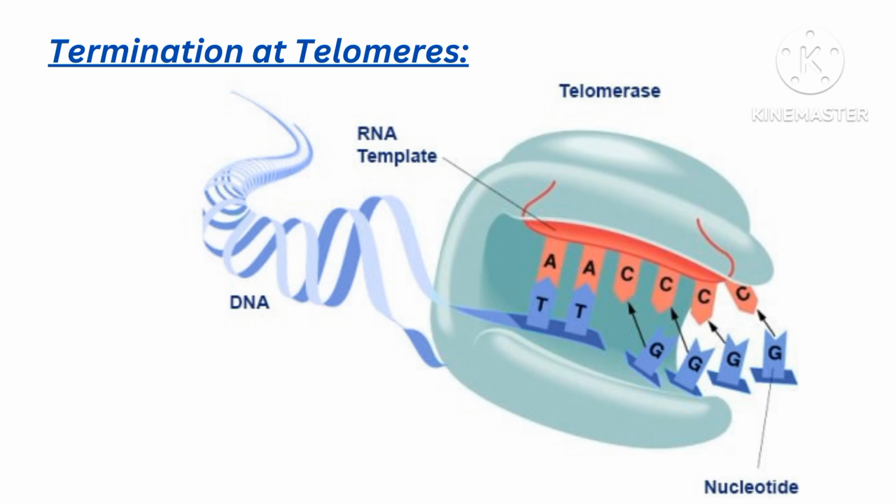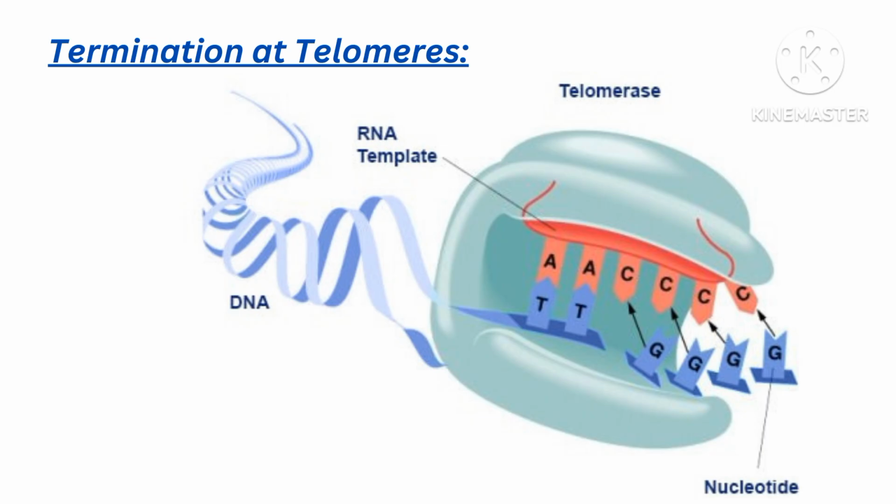Telomeres, the ends of linear chromosomes, are composed of repetitive sequences, TTAGGG in humans, and require specialized handling to ensure complete replication. The lagging strand cannot be fully synthesized at the telomeres due to the inability of DNA polymerase to fill in the final gap left after primer removal.